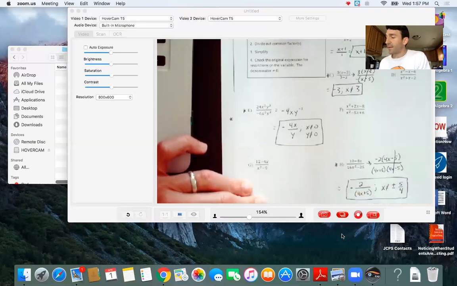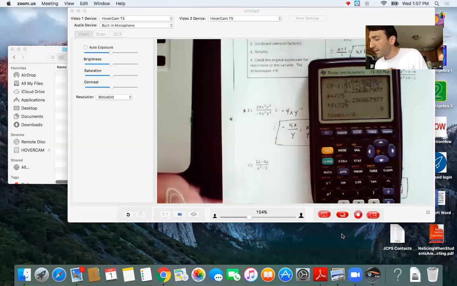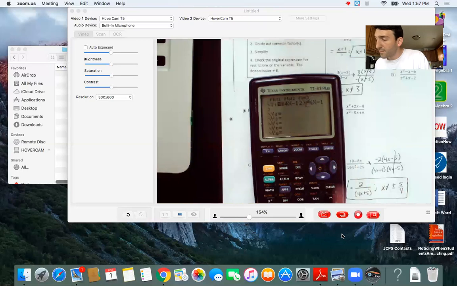All right, the last point I was going to make here is that we can use our graphing calculator to check. So how might we do that on a problem like this? Well, what I would do is punch in the unfactored form.